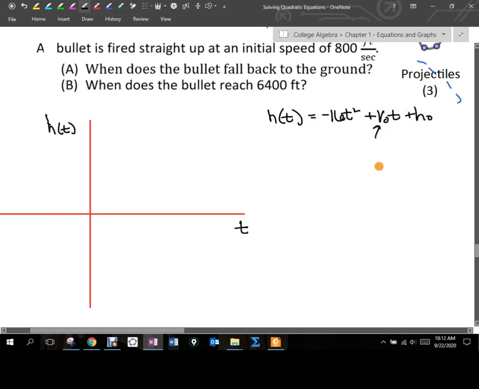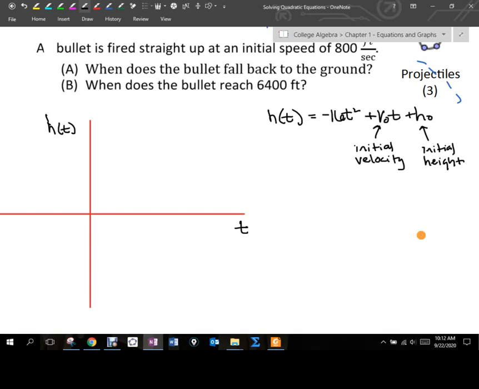V sub naught is what we call the initial velocity, and h sub naught is called the initial height. Now, initial velocity is essentially our propellant. Initial height is where this thing is kicked from, launched from, dropped from, that kind of thing.